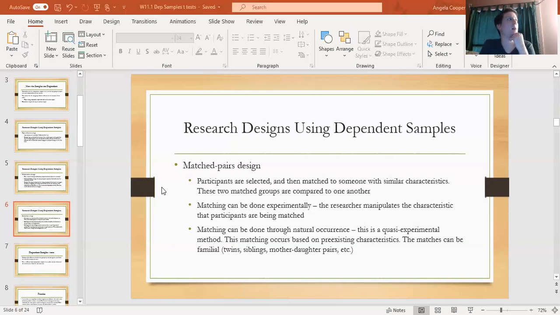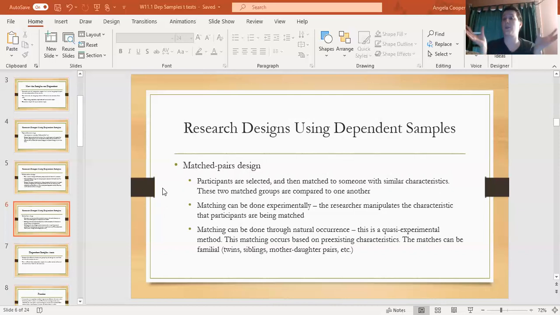Or, we are taking Latinx people, and we are going to pair them as like a 22-year-old Latina with another 22-year-old Latina. You're matching them with people that have similar characteristics.